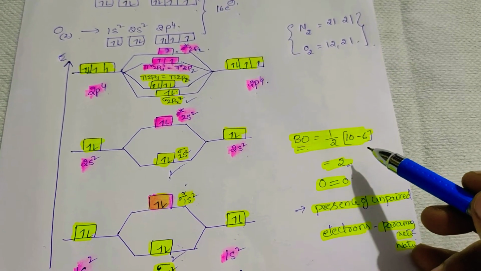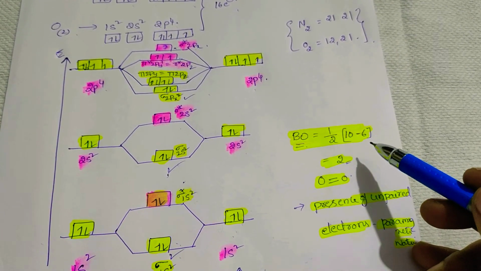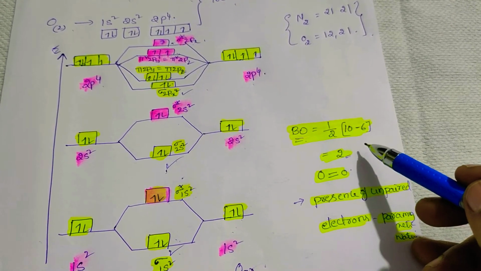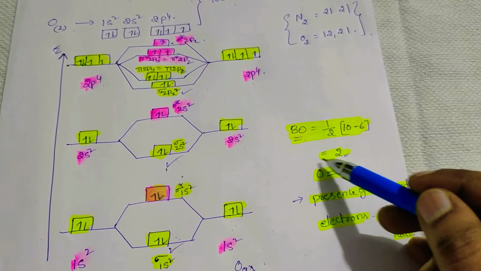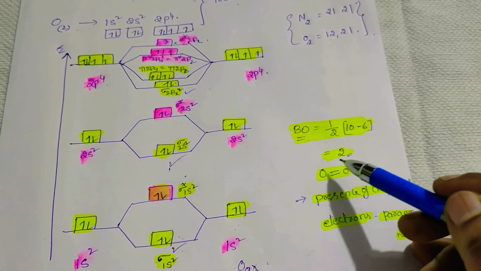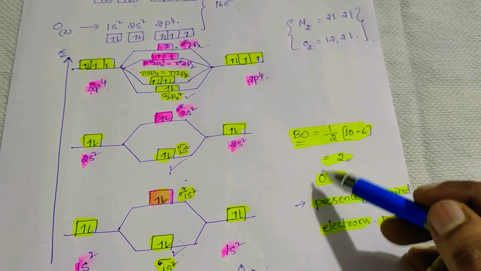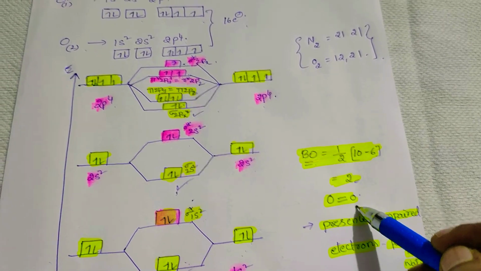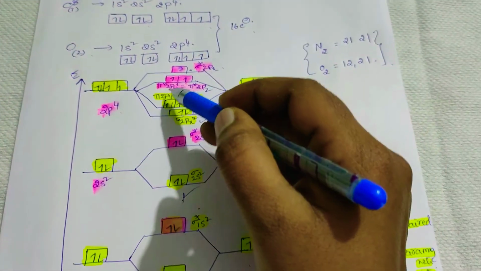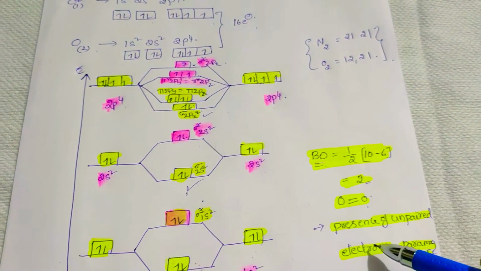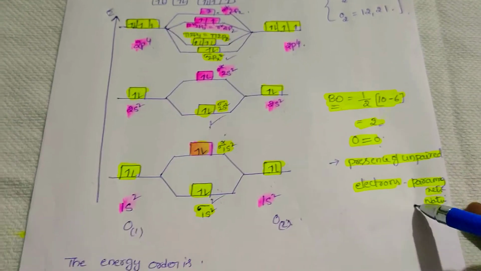The number of anti-bonding molecular orbital electrons is 6. 10 minus 6 by 2 equals 2. Now the bond order is 2. Between the oxygen atoms a double bond is present. Here, in the oxygen MOED diagram, 2 unpaired electrons are present, so it is paramagnetic in nature.